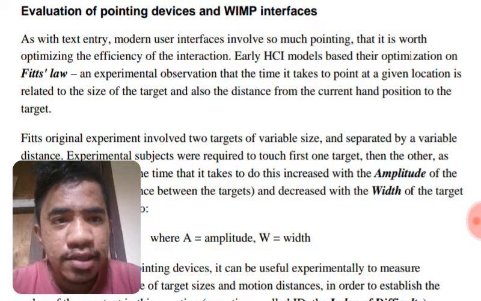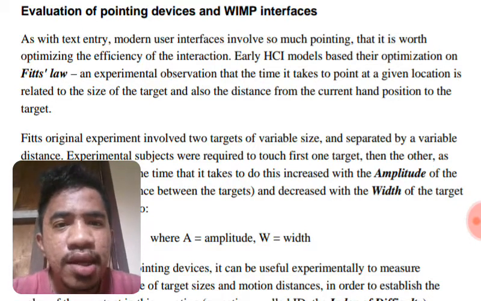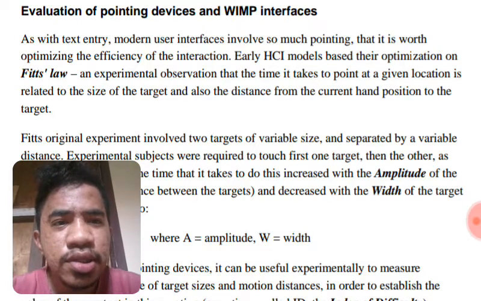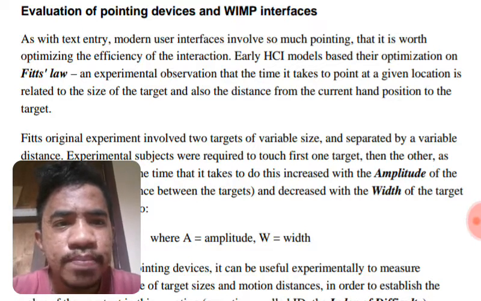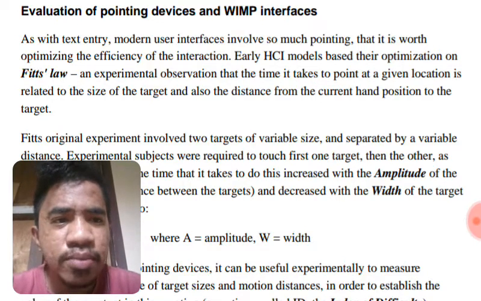Evaluation of pointing devices and WIMP interfaces. As with lecture N3, modern user interfaces involve so much pointing that it is worth optimizing the efficiency of the interaction. Early HCI models based their optimizing on Fitts' law and the experimental observation that the time it takes to point at a given location is related to the size of the target and also the distance from the current hand position to the target.